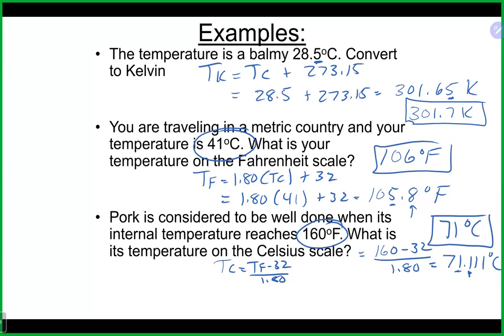Yeah, we're going to talk about the actual rules for significant figures, if that's what you're asking. There are certain rules you follow when you do calculations with significant figures.